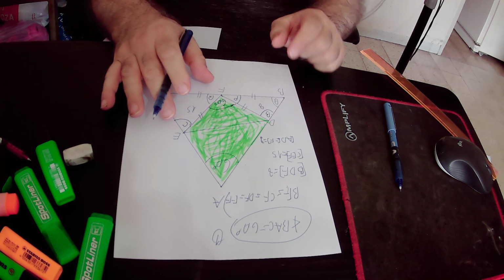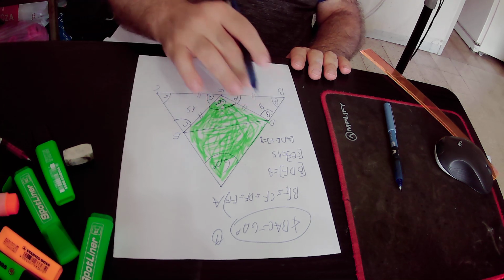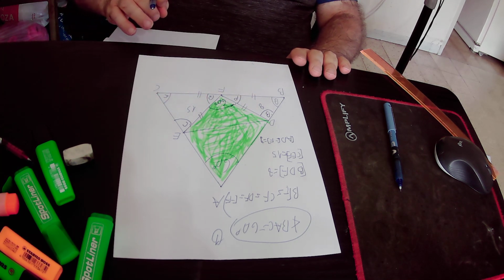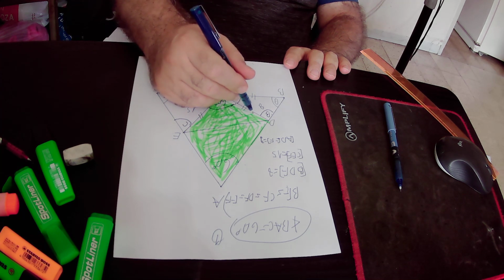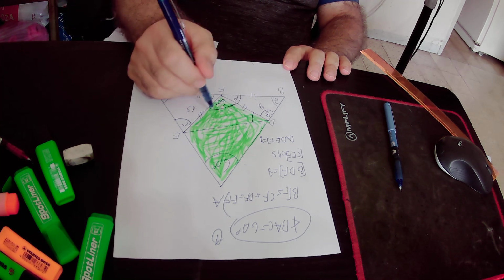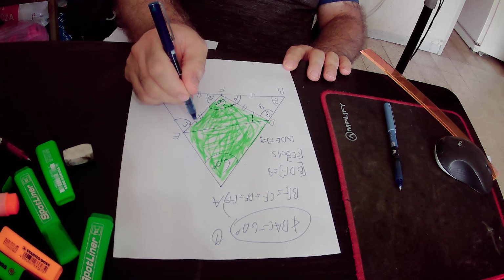DF equals FE in triangle DFE. Therefore, according to rule number 2, the angles that are in front of equal sides are equal to each other. So those two angles are equal to each other.